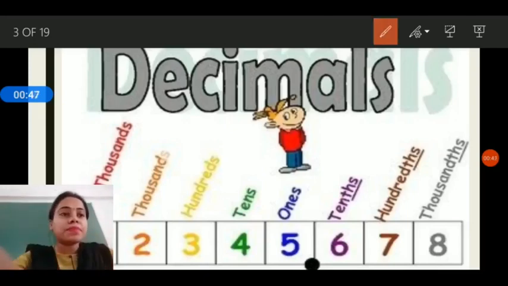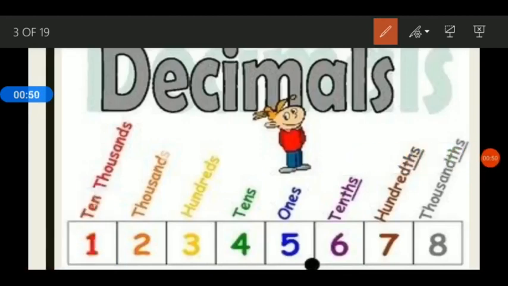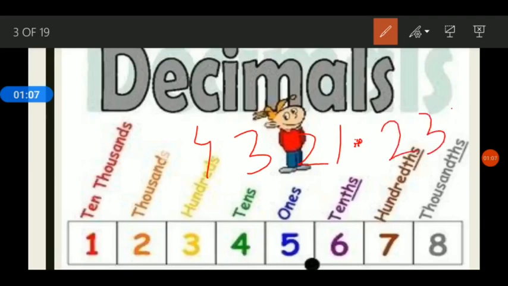Just see this. Suppose that this is a decimal number. Whatever number is written to the left of the decimal point is called the whole number part, and whatever numbers are written after the decimal point is called the decimal part.